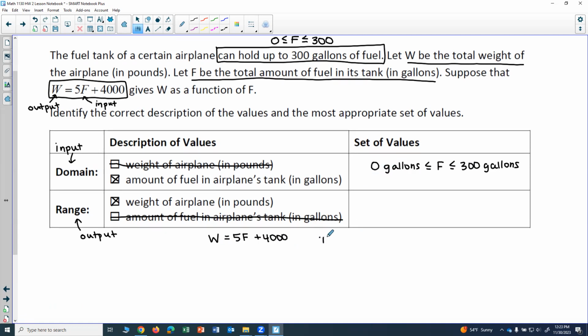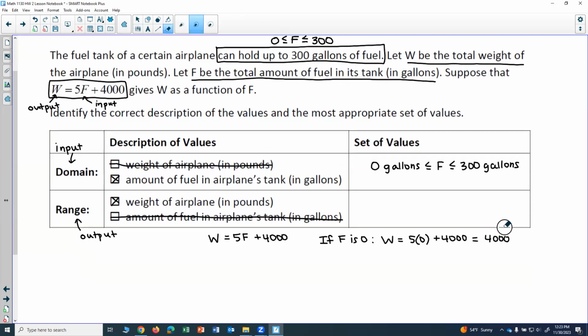So if F is 0, then I would have W equals 5 times 0 plus 4,000, or 0 plus 4,000. So the minimum weight of the plane is going to be 4,000 pounds, because we're told that W is the weight in pounds.